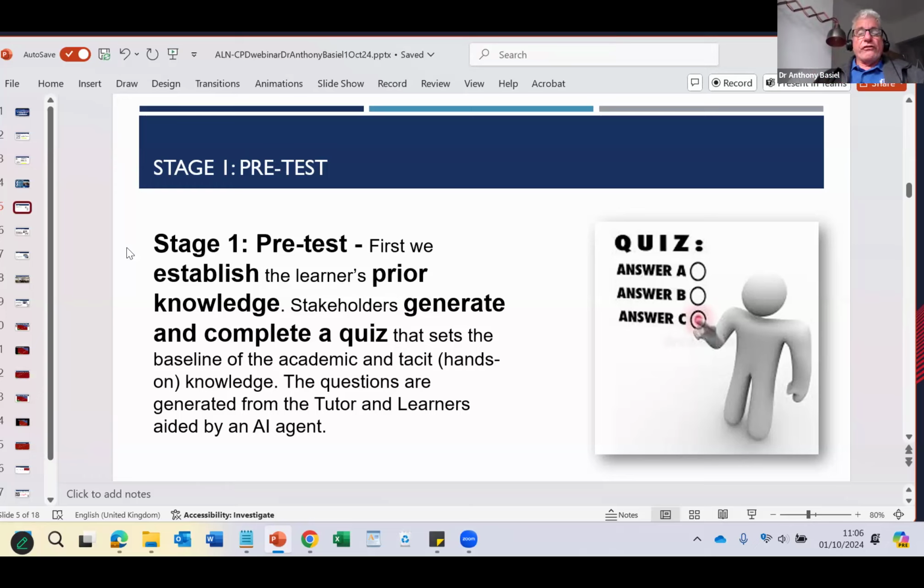In this way, the students make a quiz question, pop it into the online quiz tool that you're using, and then they have to identify which is the correct answer and link that to sources of information that will help them learn the answer to that particular question. So this way, the students are generating the knowledge.